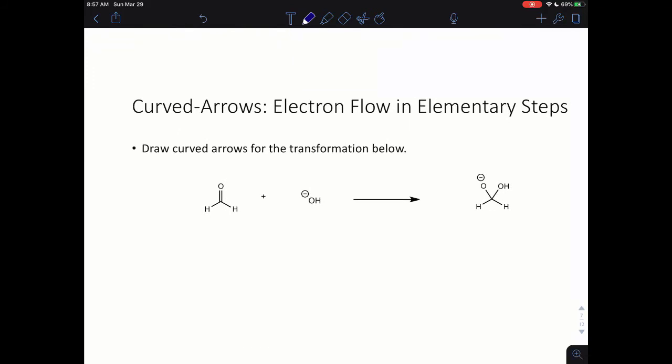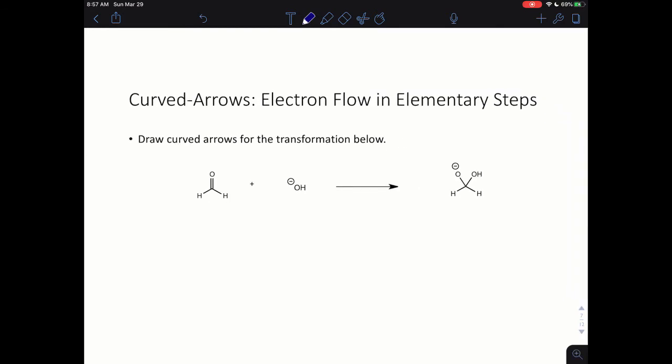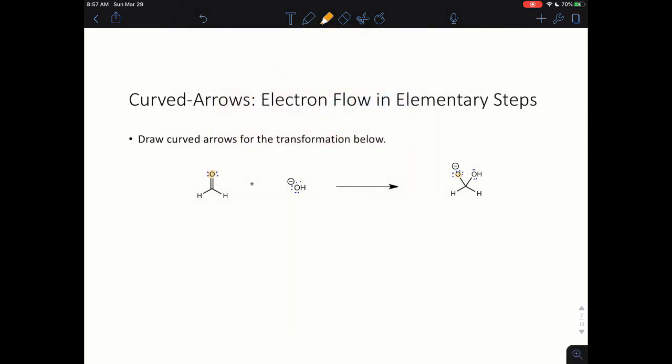All right, let's keep trying. This is a different type of elementary step that you may or may not be familiar with yet, and it doesn't really matter. We can still draw the flow of electrons. So you should pause and try yourself and then come back and see the answer. I'm going to go ahead and draw in the lone pairs, because that might help me see what's going on. Maybe I'll label my oxygens as well. Let's do this oxygen, and this oxygen, make it blue. There's going to be a lot of colors on this side.